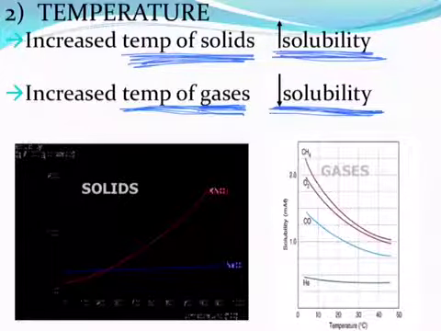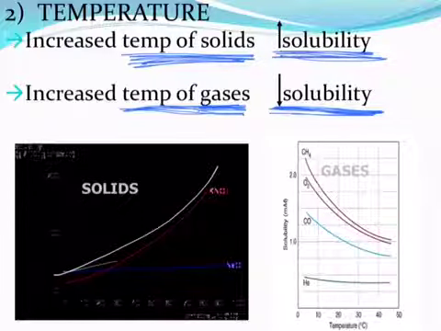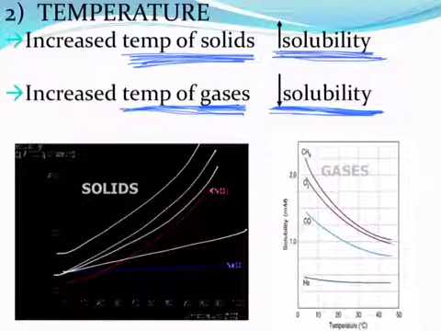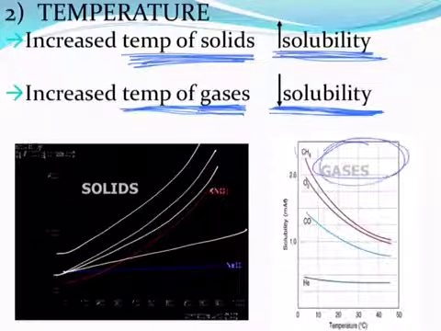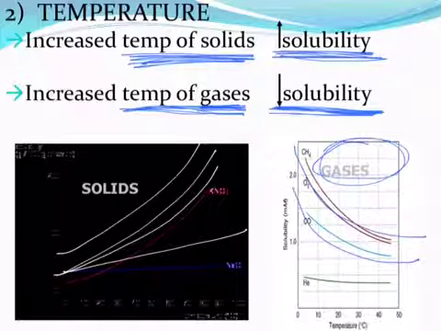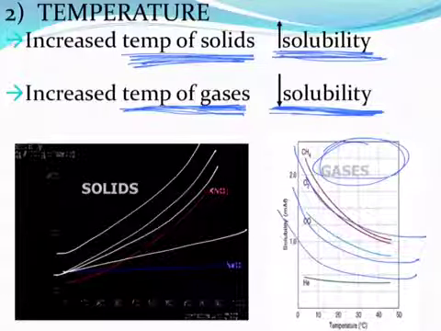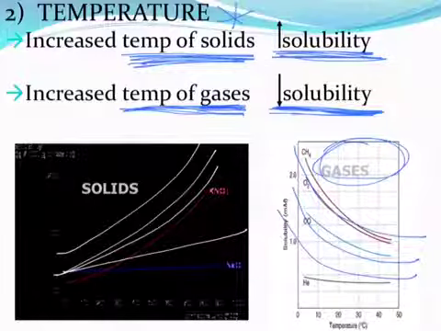It is less soluble. So graphs for solids always go up slightly because as you make things hot, they dissolve more. But when we're talking about gases, their lines are going to go down slightly because they don't like to be hot. So solids and gases have opposite solubility when it comes to temperature.